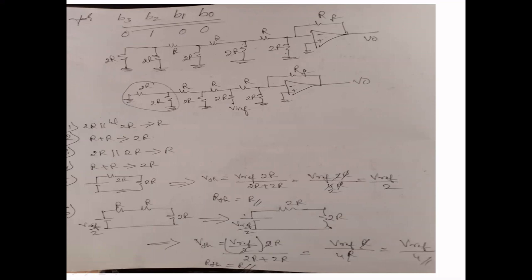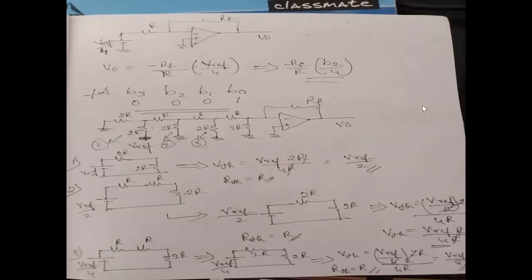Okay, so now you have found out the final VTH and RTH. The final circuit would look something like this. You have a voltage source, which is V reference by 4, in series with R, and feedback as RF. The output voltage is going to be minus RF by R. It's an inverting amplifier, minus RF by R into V reference by 4.